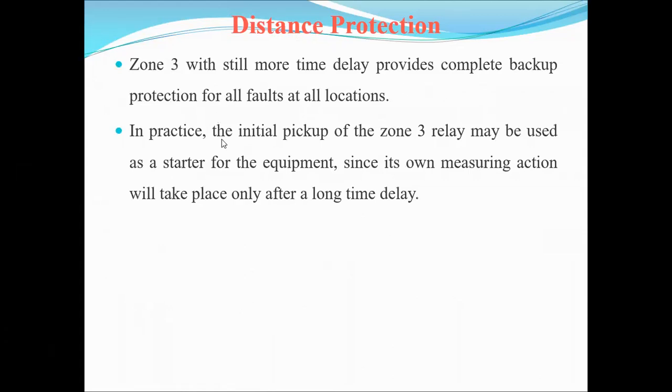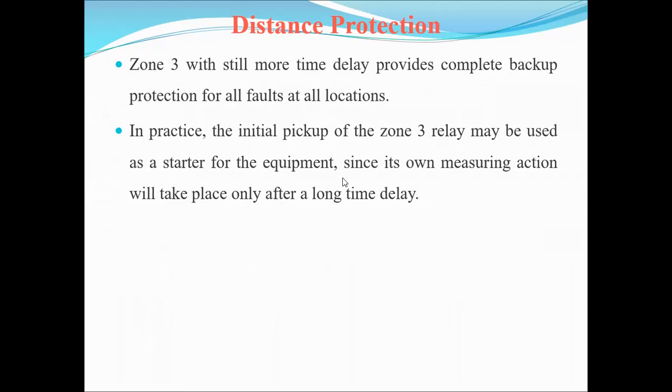In practice, the initial pickup of the zone 3 relay may be used as a starter for the equipment, since its own measuring action will take place only after a long time delay. The zone 3 relay coil operates with a very long time delay. Why?